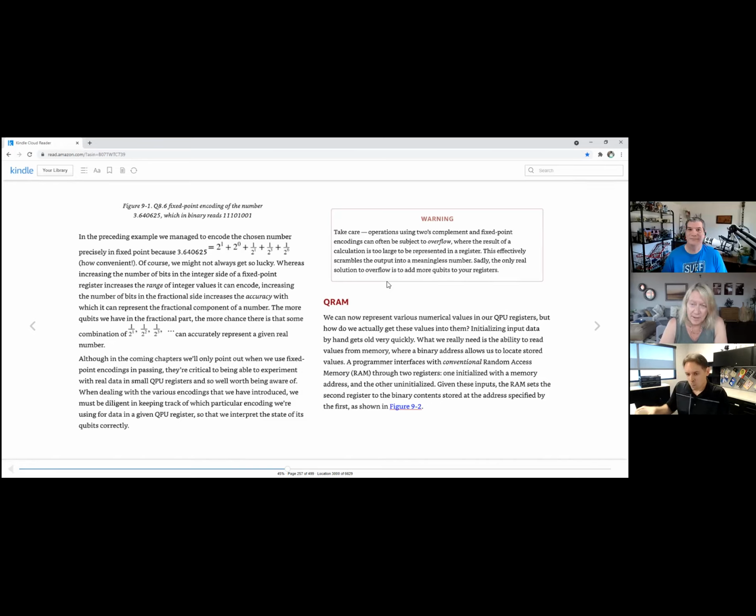particularly in machine learning, you may say, what is a good enough precision so that I don't overflow? Because as we'll see in subsequent chapters, there's different kinds of examples. There's classical problems, and then there's machine learning problems. And so again, it's sort of implied here, but it does come through that it's a trade-off between precision and amount of qubits.